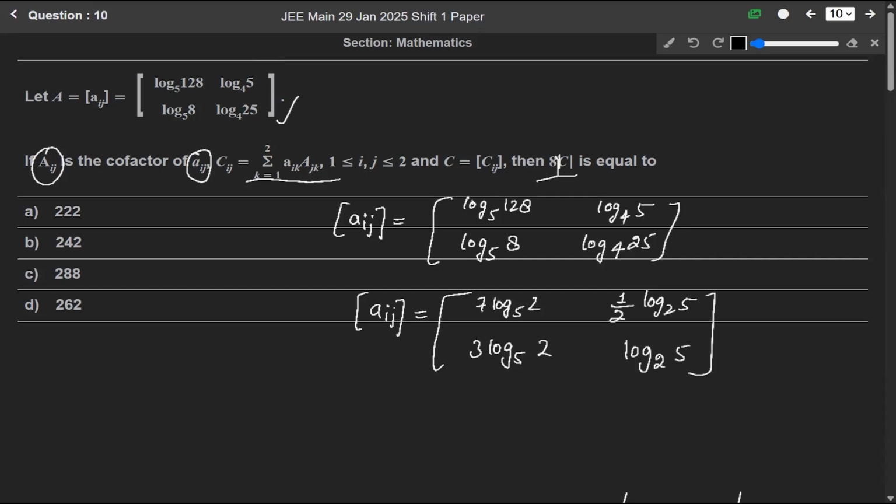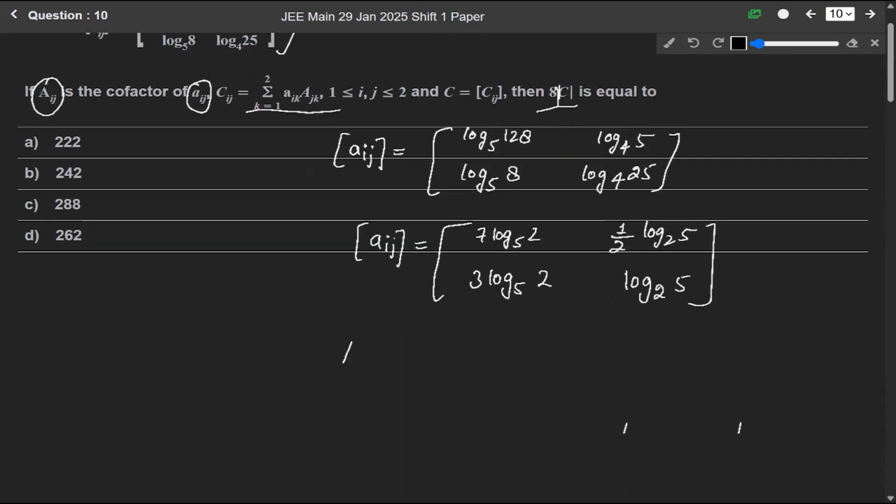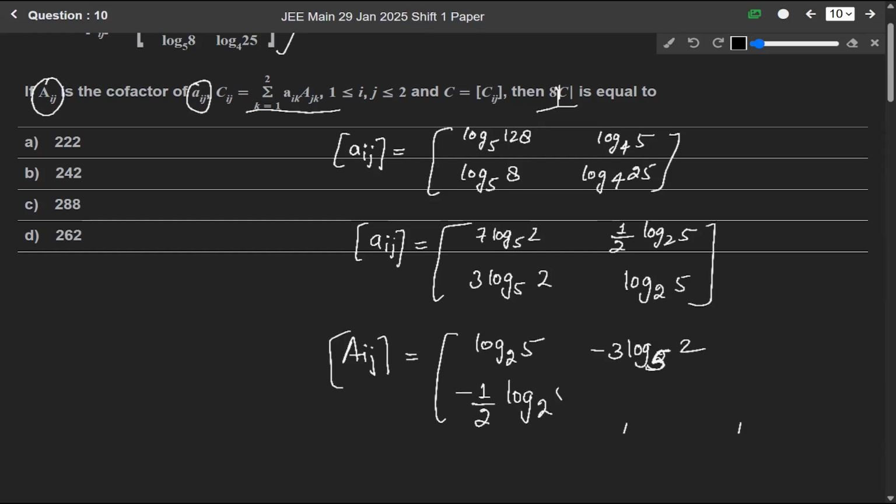Now Aij is the cofactor of this, so we can write it as log 2 base 5, minus 3 log 5 base 2, minus 1 by 2 log 2 base 5, and 7 log 5 base 2.